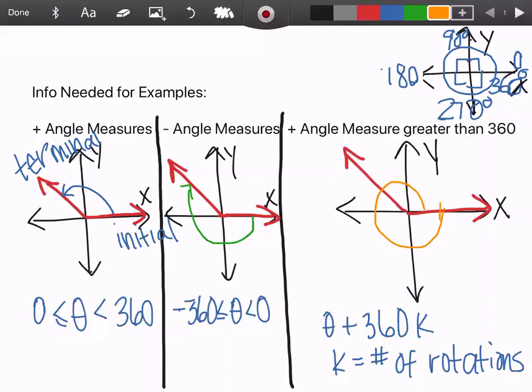And then that right there is 360. And then we have to keep going to the terminal side. So notice how it's 360 degrees plus the initial positive angle that we already had. We're going to have to keep that in mind for the examples that we do today.